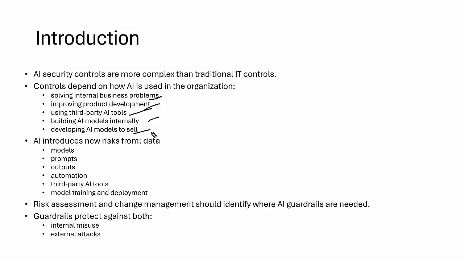AI introduces new risk from data, model, prompt, output, automation, third party, model training, and all that. What we need before implementing any control in the AI system is risk assessment and change management. Risk assessment identifies the gap. And when you're introducing any change, it needs to go through the change management process to track accountability, because these guardrails protect against both internal issues and external attacks. That's something we have to look for.